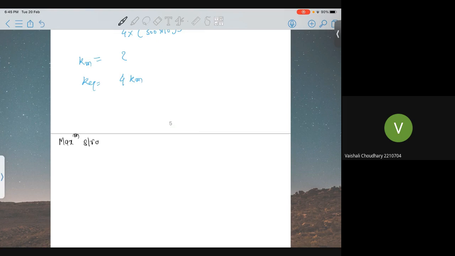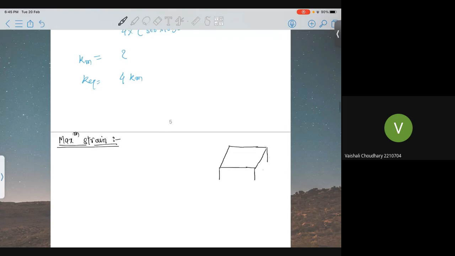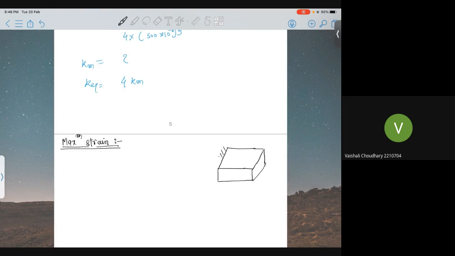Suppose we have a cantilever beam which is fixed to the stand.